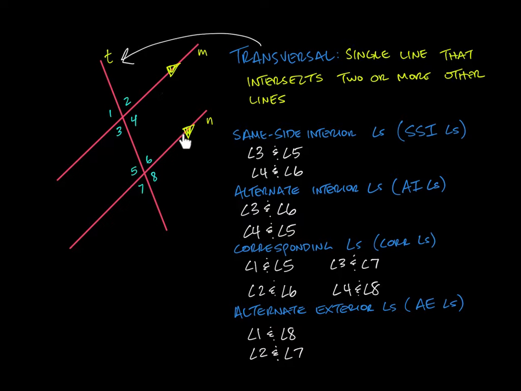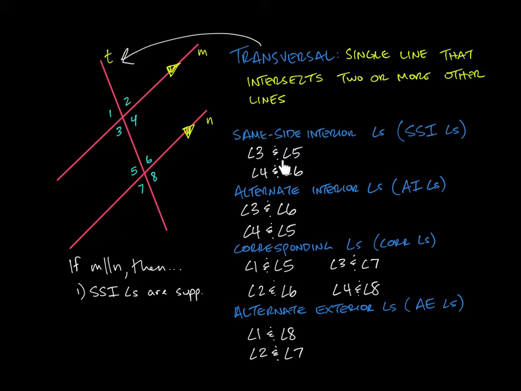When line M is parallel to line N, so let me write this down. If M is parallel to N, then the first thing we're going to find out is that the same-side interior angles are supplementary. They're going to add up to 180 degrees.